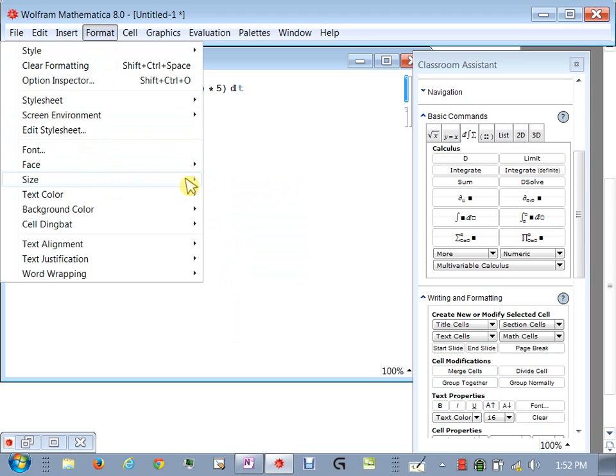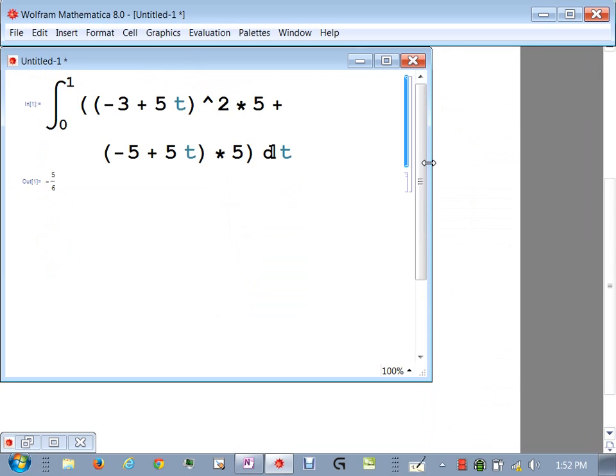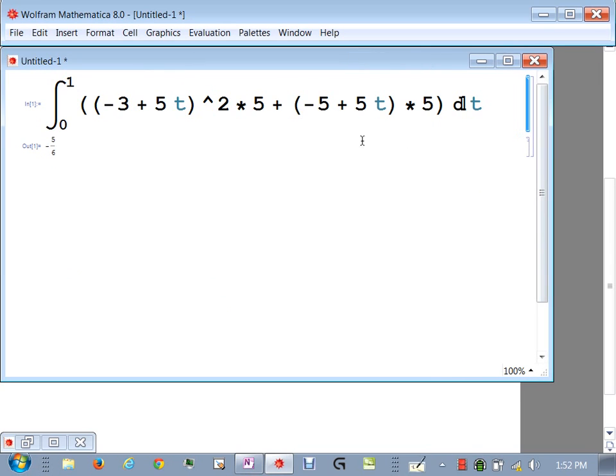That look all right? Is that the right integral? Okay, so negative 5/6. So obviously, you don't get the same answer. So that just verifies that the path matters.